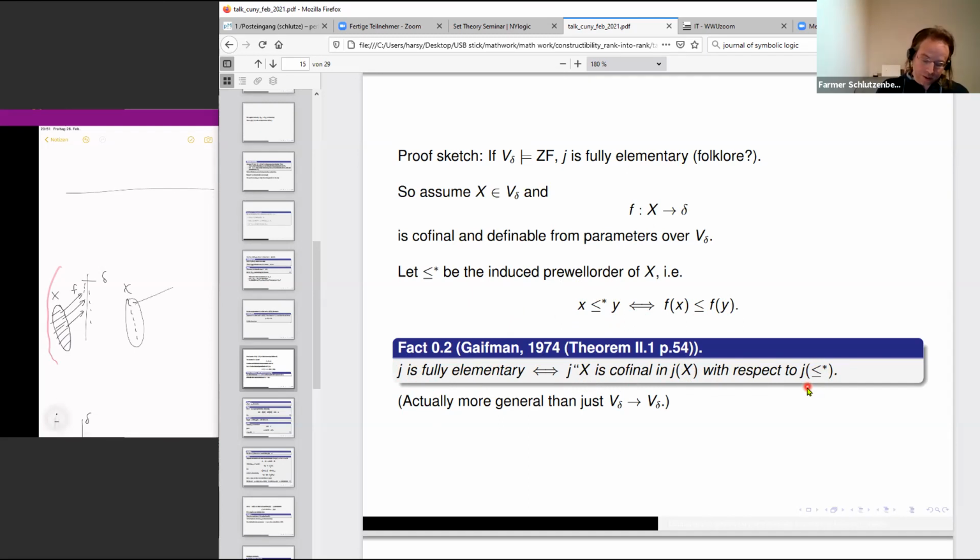They're getting shifted to some ranks inside J of X. And the sup of these things might be bounded or they might be unbounded inside J of X. And so that's the distinction, and that determines whether J is fully elementary here.